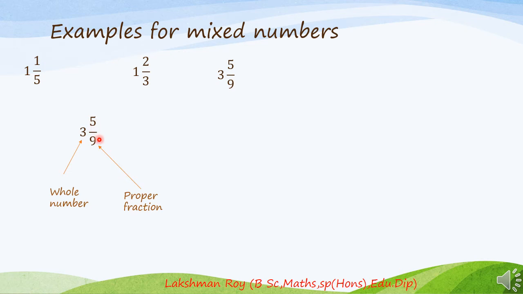We learned about proper fractions: numerator less, denominator big. So a whole number with a proper fraction is called a mixed number. That is the mixed number you have to understand. Now let's see another example.